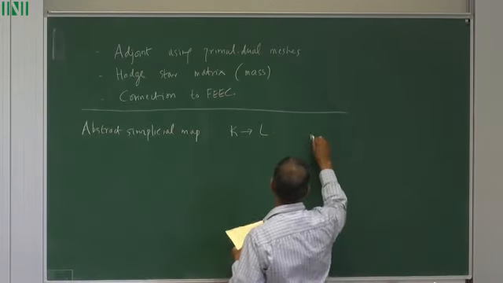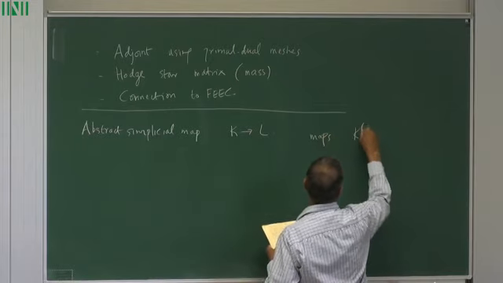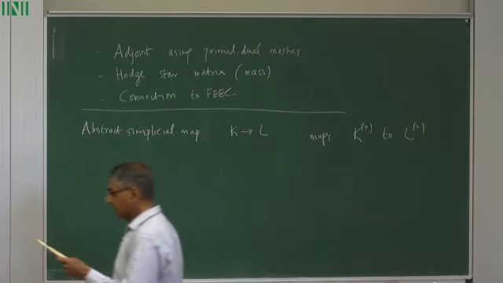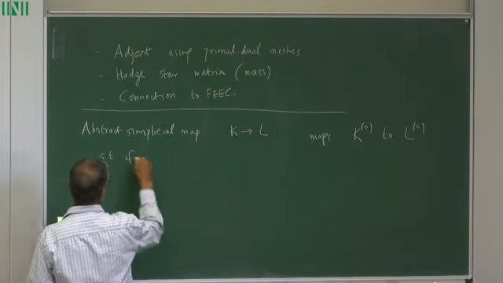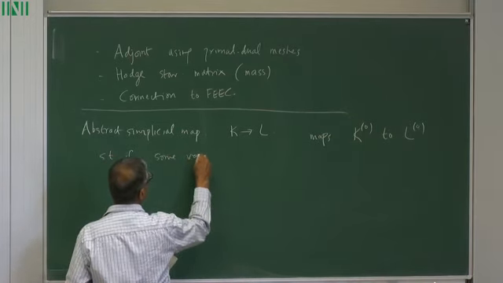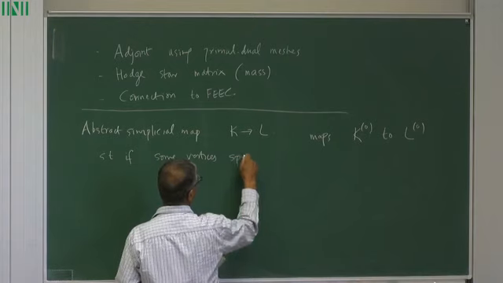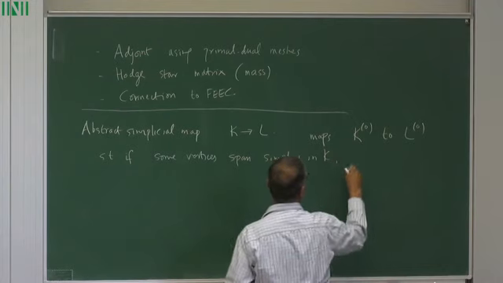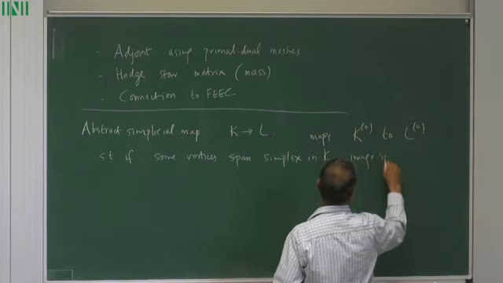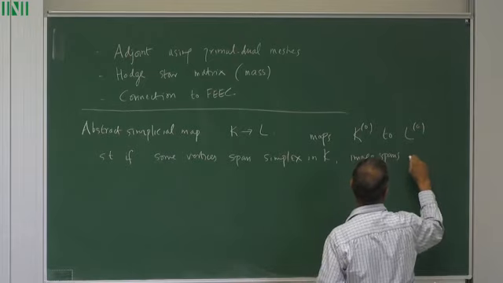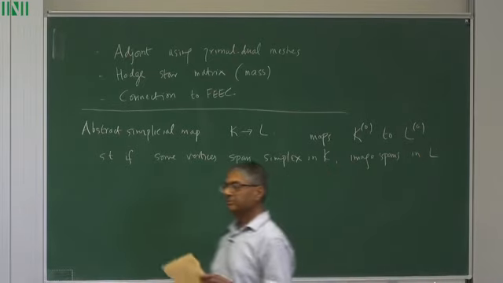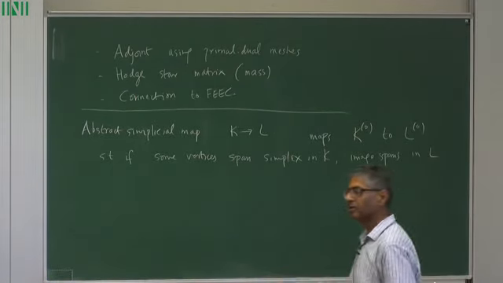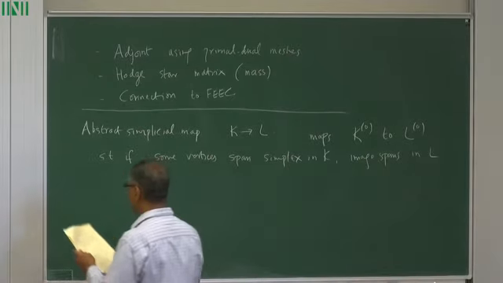So this map maps vertices of K to vertices of L, such that if some vertices span a simplex in K, the image spans a simplex in L. So this prevents vertices from running away too far.